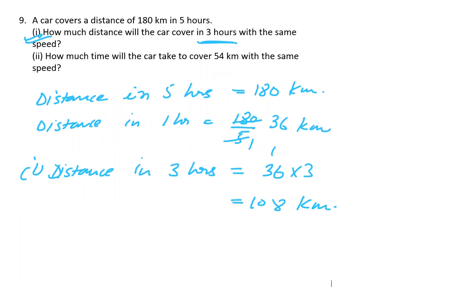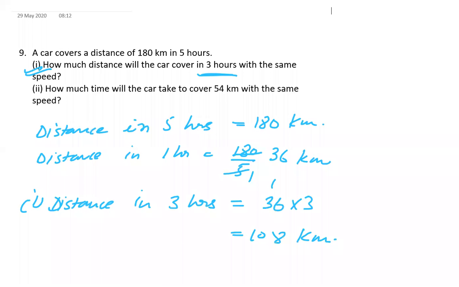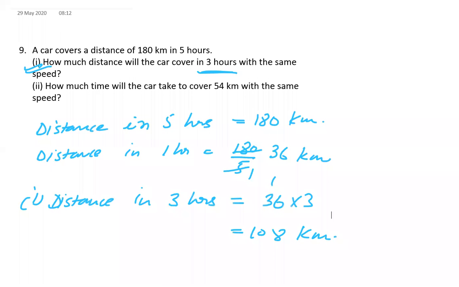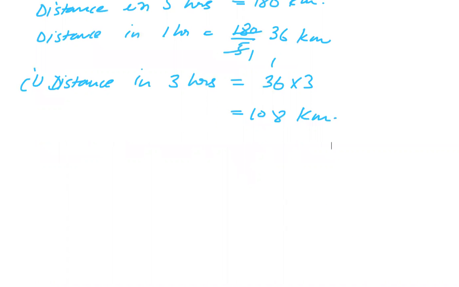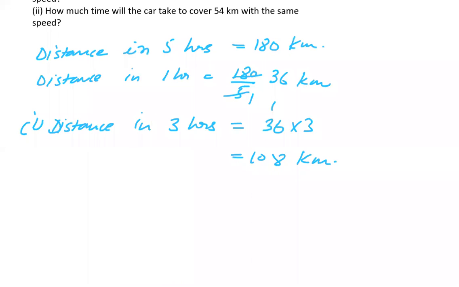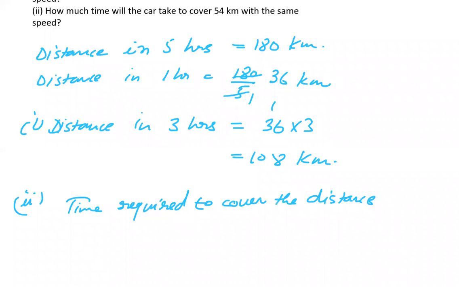Now find how much time the car will take to cover 54 kilometers. Now the distance is given and you have to find the time. So time required to cover the distance 54 kilometers is equal to, now what you have to do, you cover 36 kilometers in 1 hour.